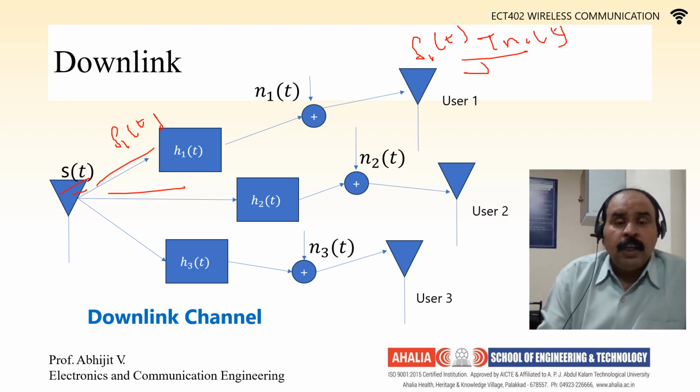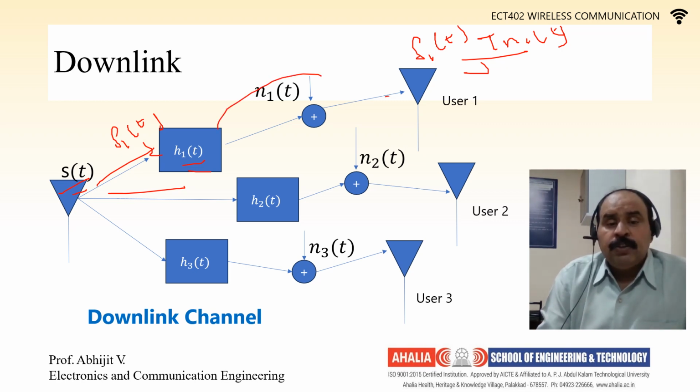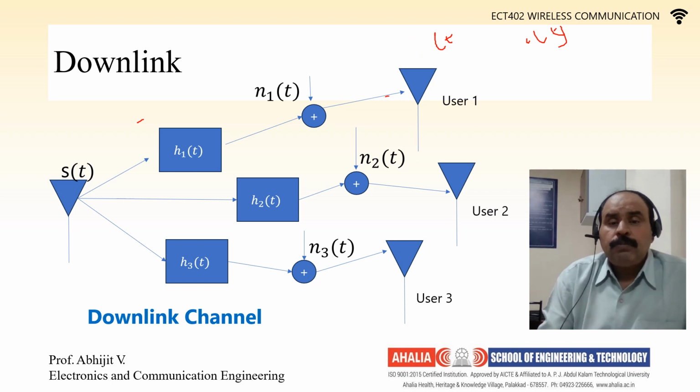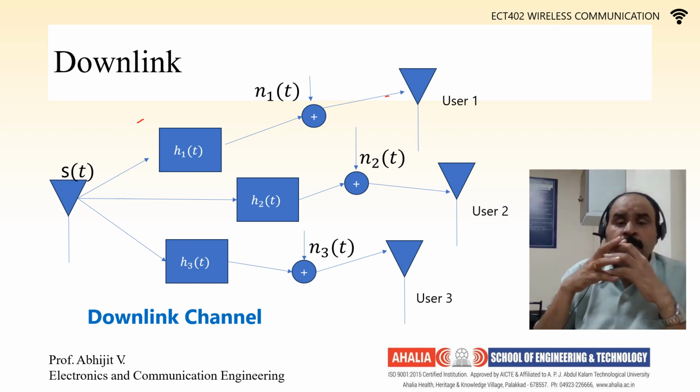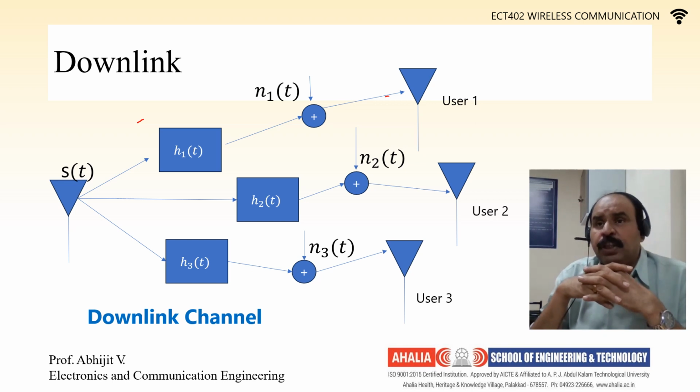This signal is transmitted through a channel with a frequency response H1 of t and received by users 1, 2 and 3. This is a simple block diagram of a downlink channel, or a transmission from a single transmitter to multiple receivers.